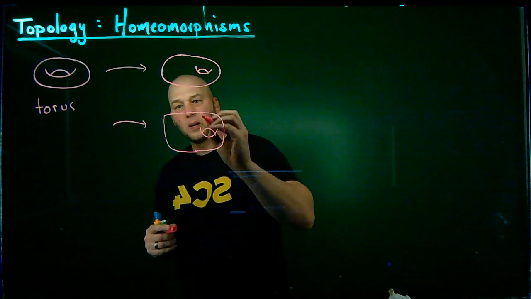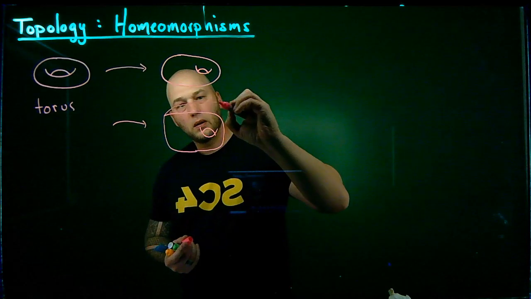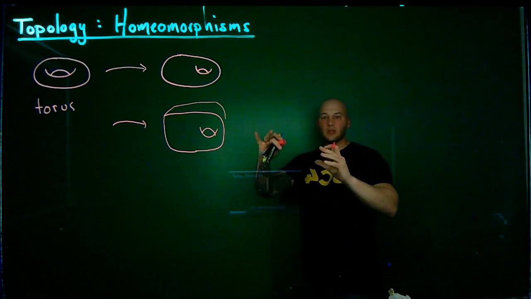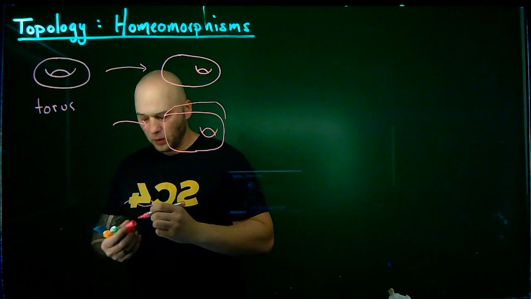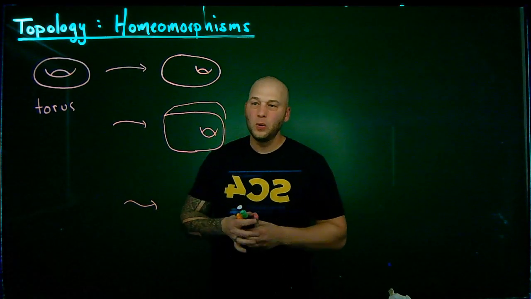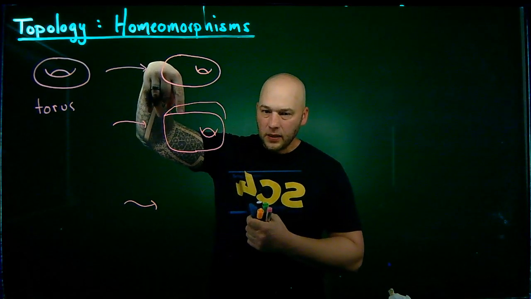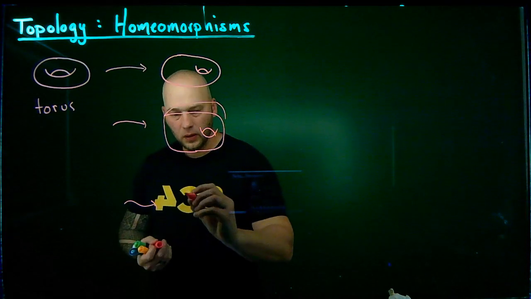And then let's add a little bit more dimension to it here. Let's say it looks, again, like maybe a plate or something with a hole in it. And then let's say I take my finger and push down into this. And so I start creating this cavity here.